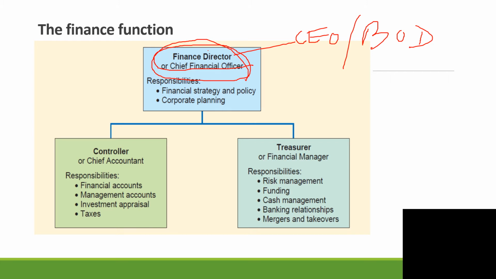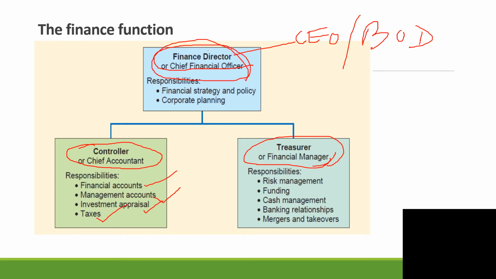Below him, two types of job functions are there. One is the controller or the chief accountant, the other is the treasurer or the financial manager. The responsibility of the controller is keeping track of financial accounts, management accounts, appraising the projects, managing taxes.